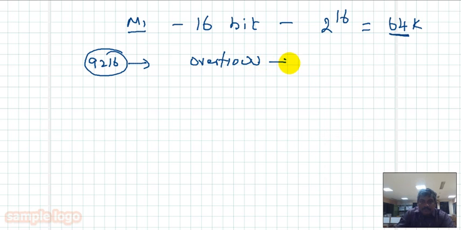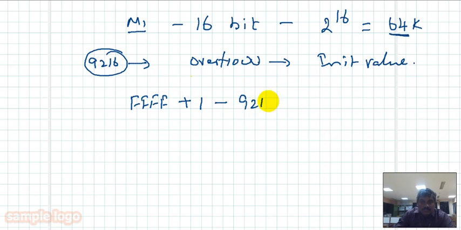Then what is the initial value? How to calculate? What is the maximum value in this mode? This is nothing but FFFF. Then again we should apply one more pulse for overflow. Better you write this number in decimal, 65535 plus 1.